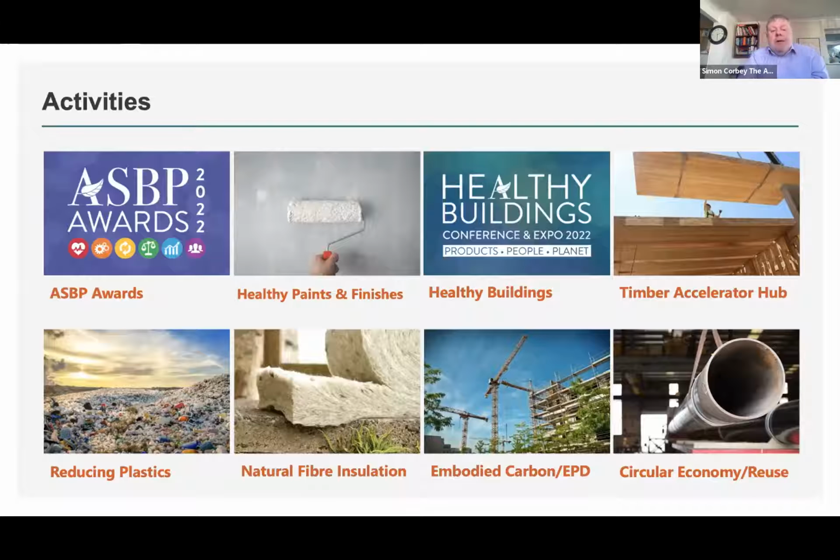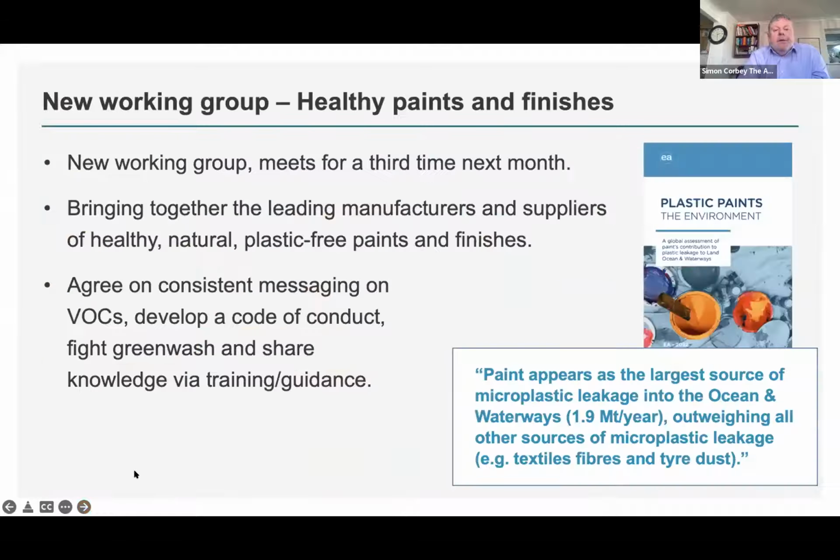We spend a lot of time looking at embodied carbon and trying to help along with EPDs, tools and understanding that type of thing. And we're very active when it comes to the circular economy and reuse. So our new working group on healthy paints and finishes is quite fitting really, following on from what Nick was saying.